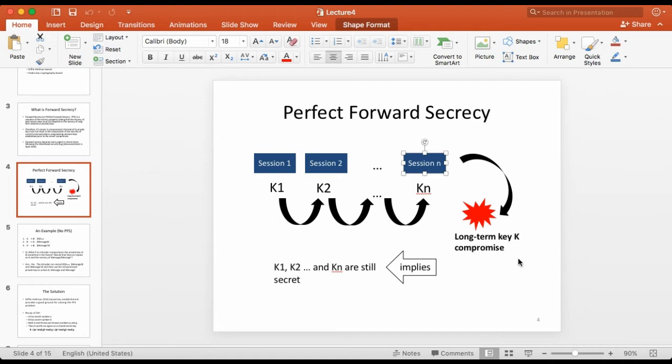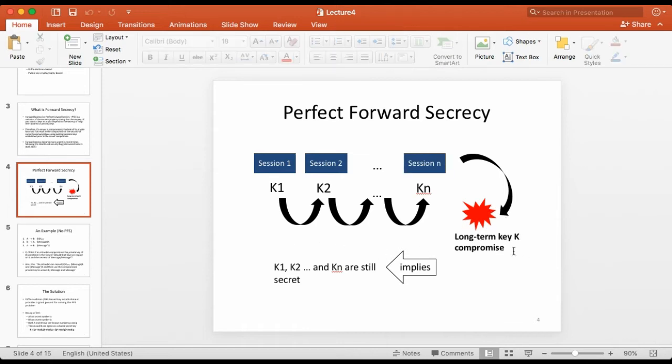Suppose you have an attacker who manages to break into the server and steal the long-term key or long-term password which any of these agents participating in the protocol are using throughout.